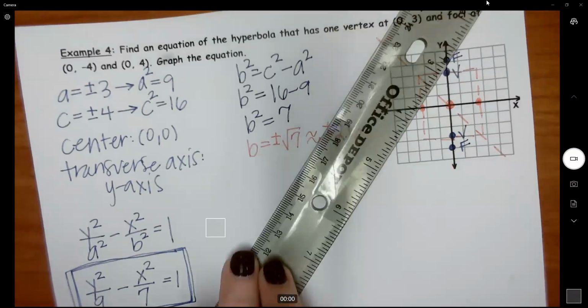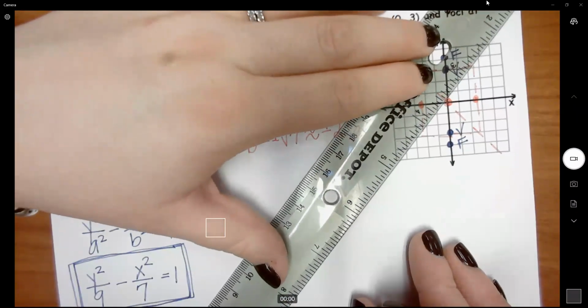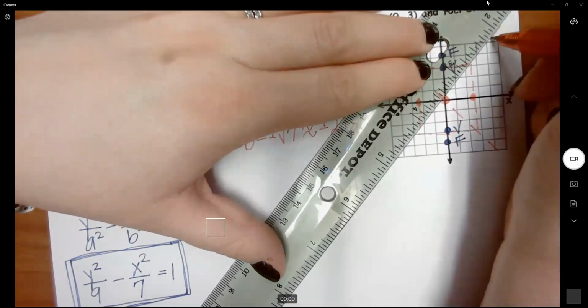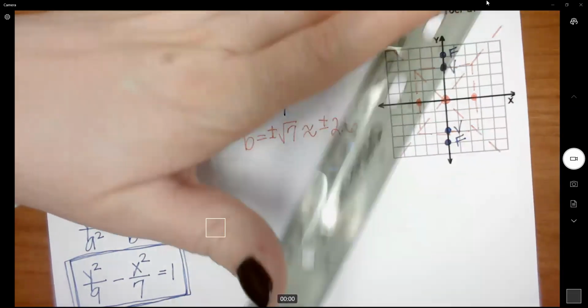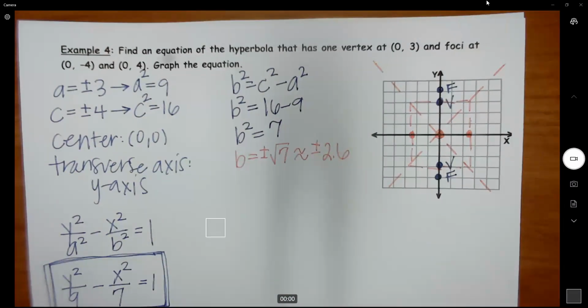And again, all of these dashes and me using red, this is not technically part of my shape, right? But it is helping me make the shape of my hyperbola.